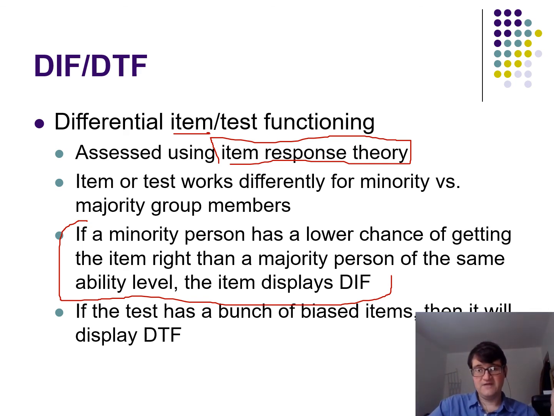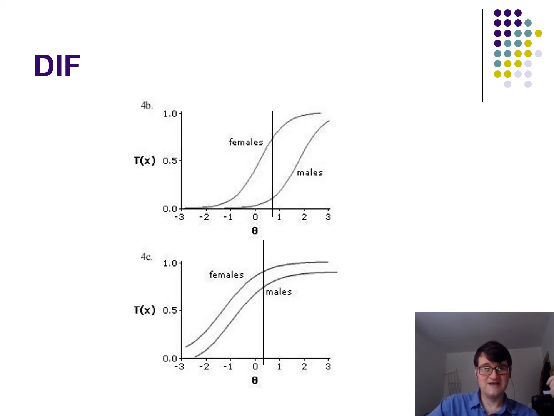And so that's the basic idea here: if the test has a bunch of biased items and they're all biased in the same direction, then it will display differential test functioning. So DIF is differential item functioning, DTF is, although I understand that means something different in the modern era of internet slang, differential test functioning within this context.